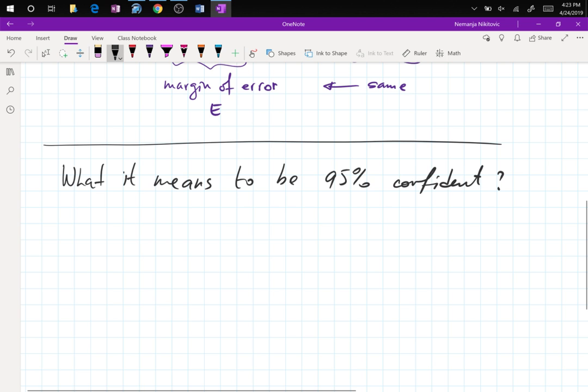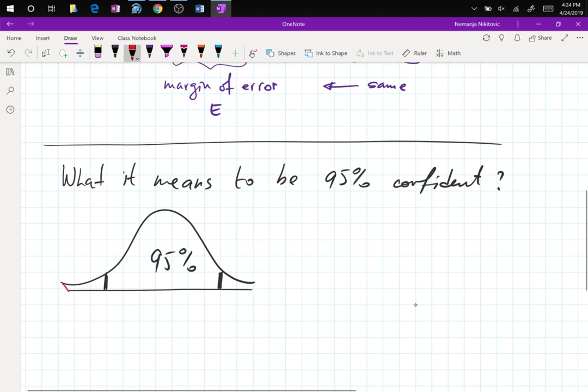But before we do that, guys, if I draw one of those bell-shaped curves, 95% confident is here, leaving you with two tail ends to deal with.